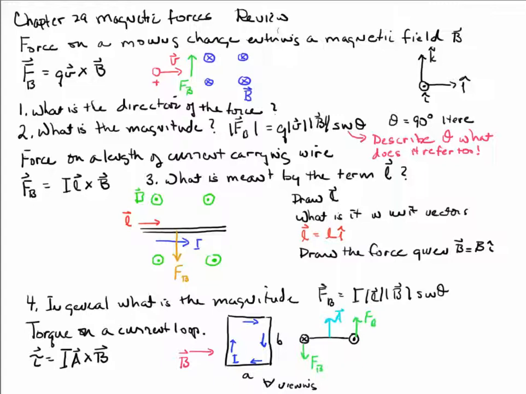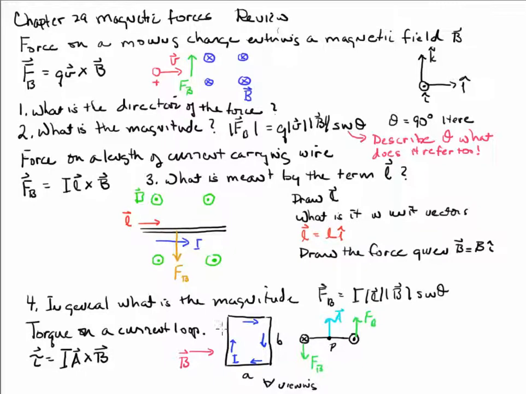Now let's calculate the torque, and the torque is given by I A vector cross B. Now you can immediately figure out from the forces what the torque will be around the central point right here.